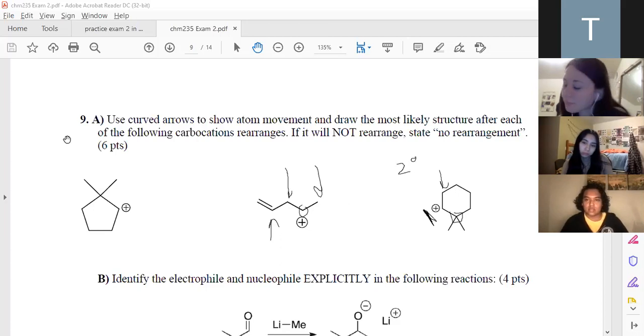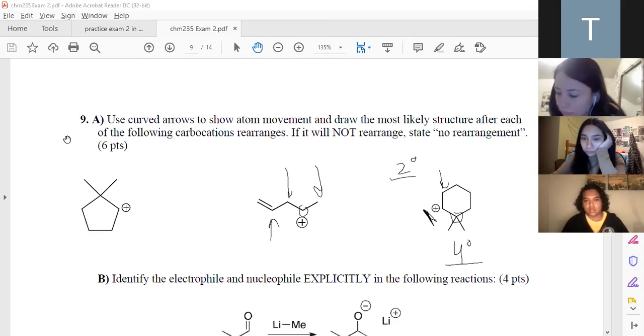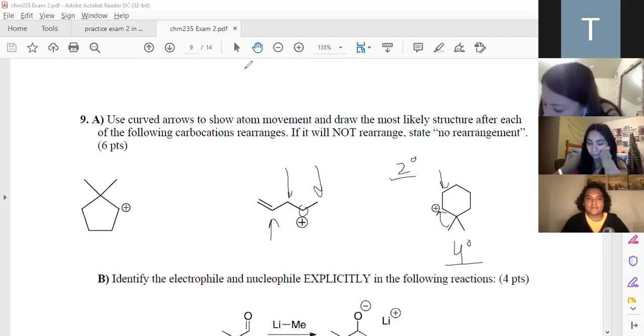It is quaternary. So here is a rule for carbocation rearrangements. If you ever have a secondary adjacent to a quaternary, you will have a methyl shift. So if you have a secondary carbocation next to a quaternary carbon, you are going to have a methyl shift. What that looks like is that this methyl group is going to move to there like that. And so now your new structure, right?